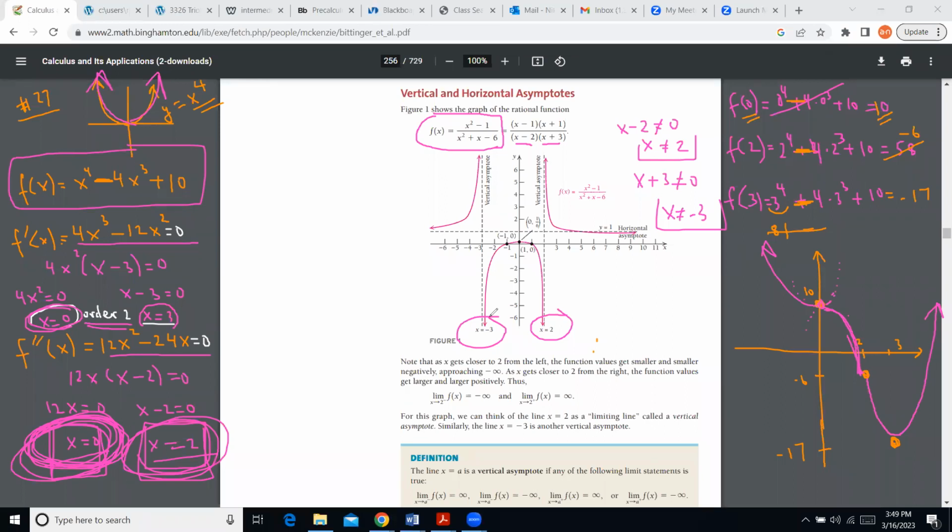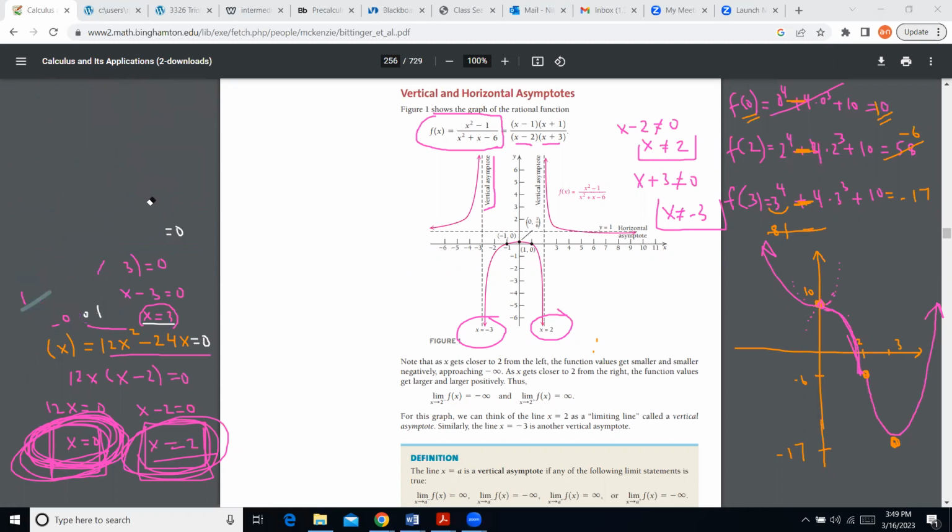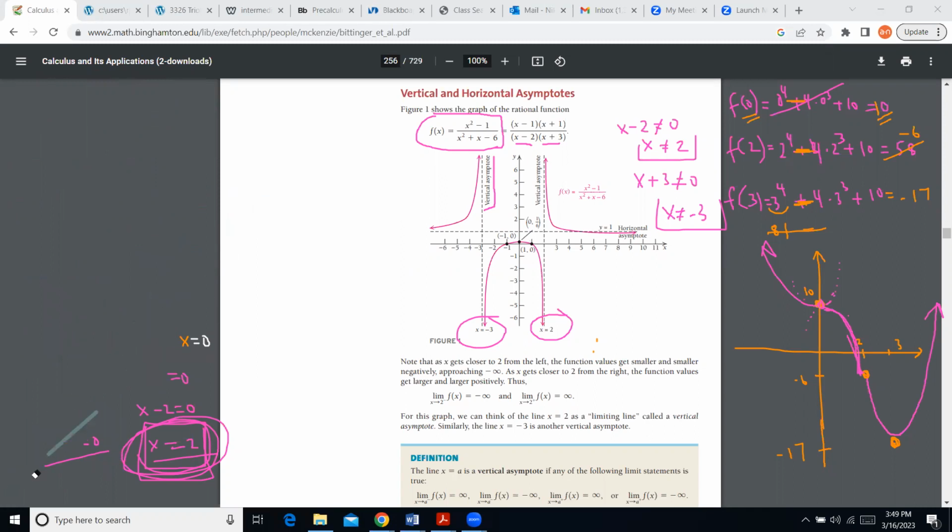We call them vertical asymptotes. So the function approaches them but doesn't intersect. And I can get them very fast just looking at denominators and making sure that my denominators are not equal to 0, because when they're equal to 0, then a vertical asymptote will appear.